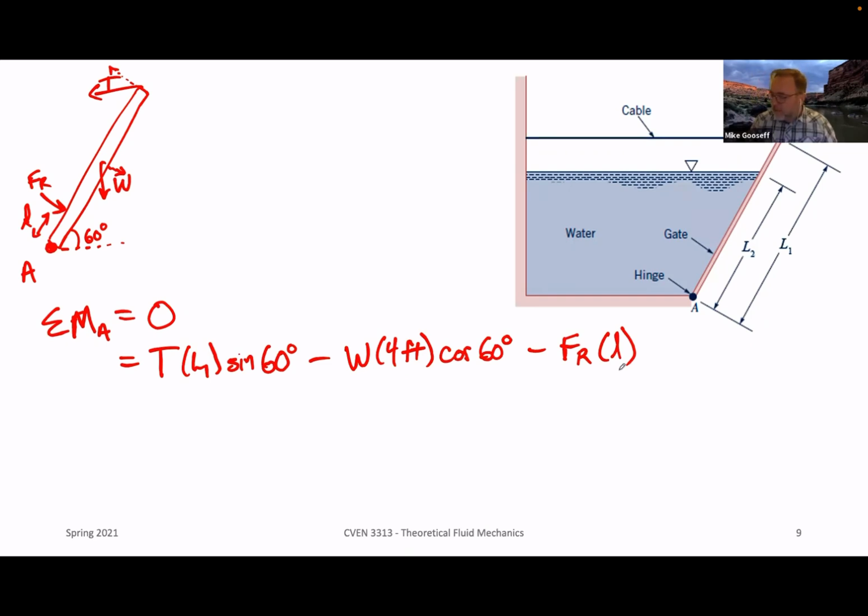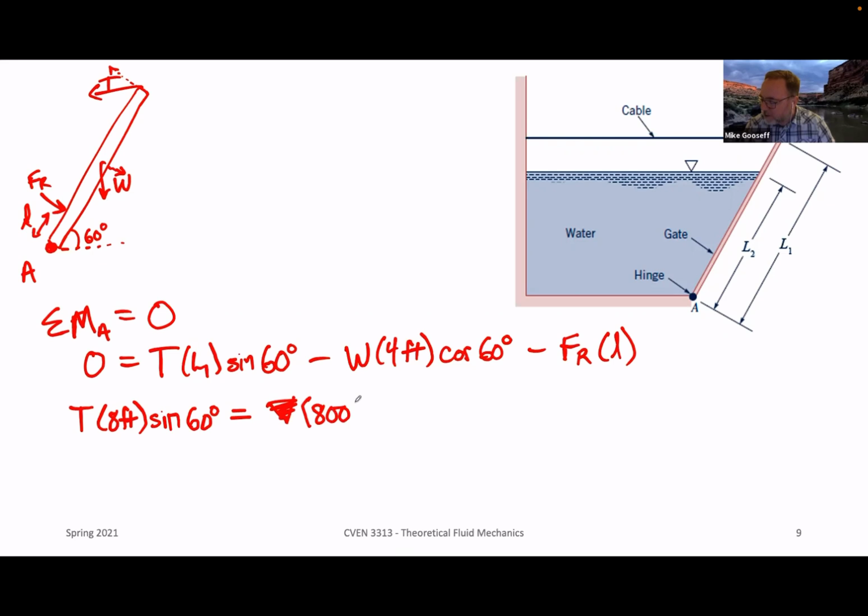All right, so let me rearrange these. We said that this is equal to 0. Now I'm going to substitute in a couple of these things so that we can start to work through this. I'm going to put T times 8 feet times the sine of 60 degrees is equal to, so these other two negatives on the other side will make positives. So we say W, actually we were given 800 pounds.